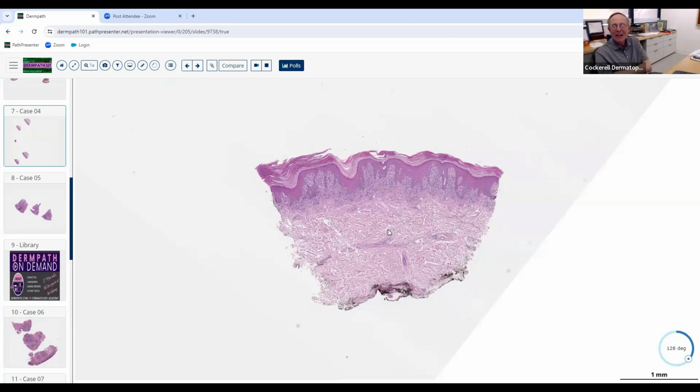So it looks like we're dealing with an inflammatory skin disease here. From this power, we also see this dense infiltrate along the DEJ, looking like a lichenoid infiltrate. Excellent, I agree with you.